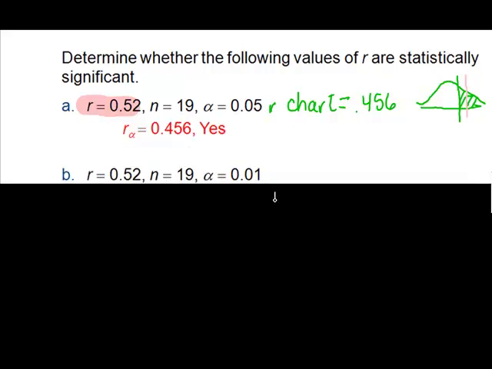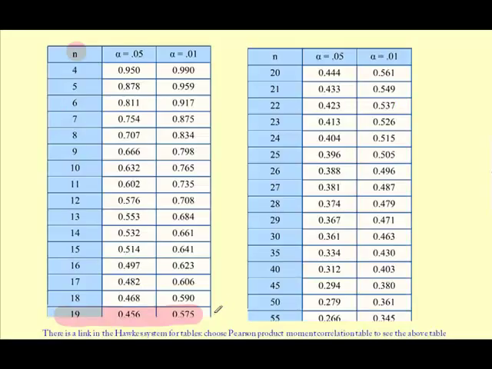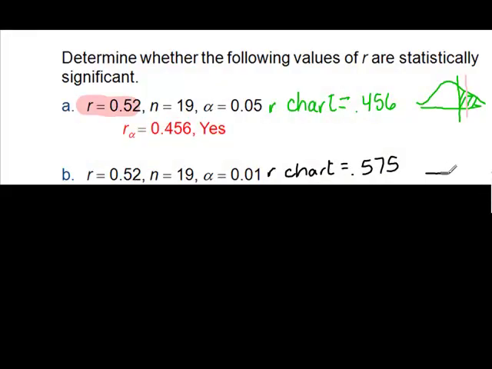Another one. Again, we're going to say that R equals 0.52, N equals 19, but this time let's read 1% significance. We're willing to be wrong 1% of the time. Now I'm going to read 0.575. Drawing this picture, 0.575, and my rejection region.